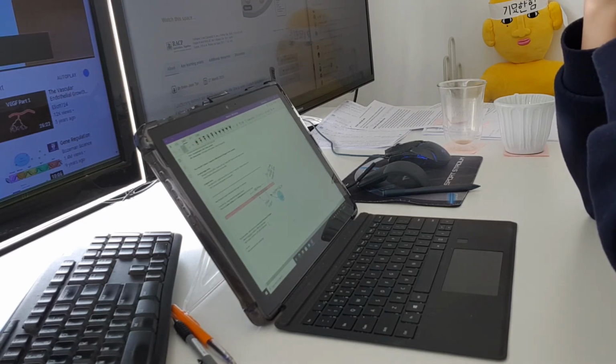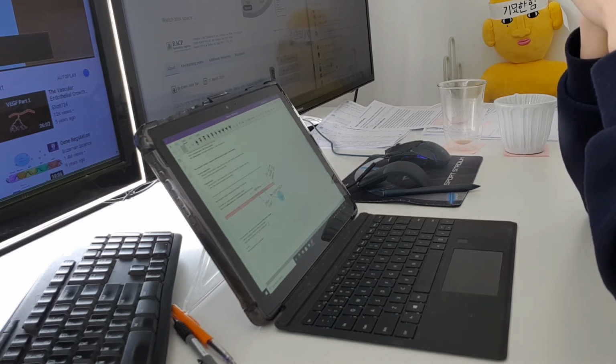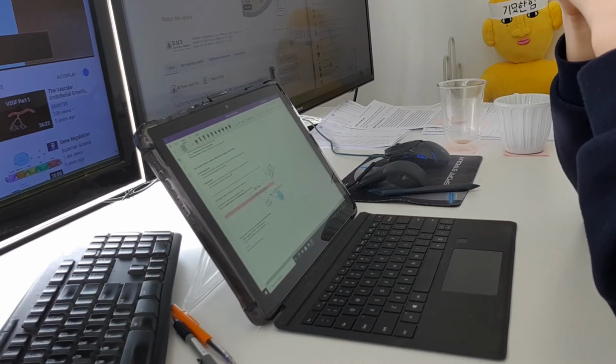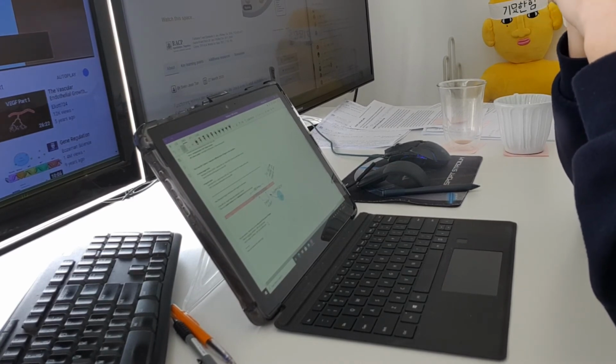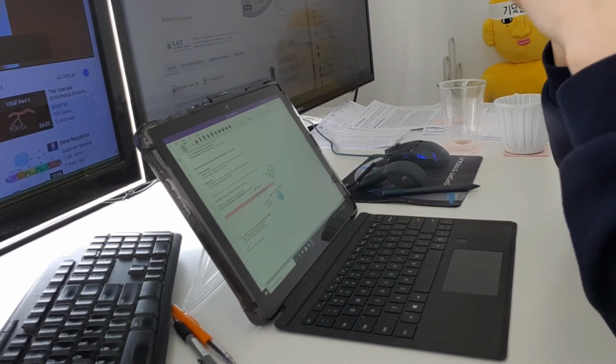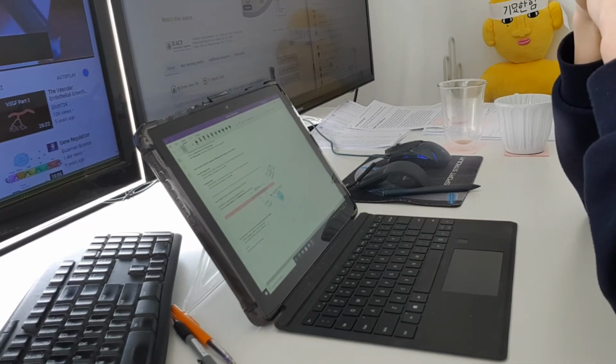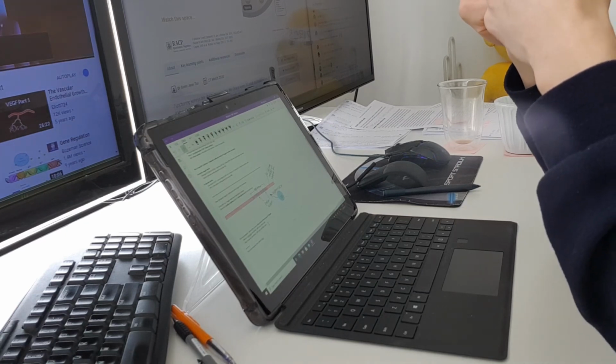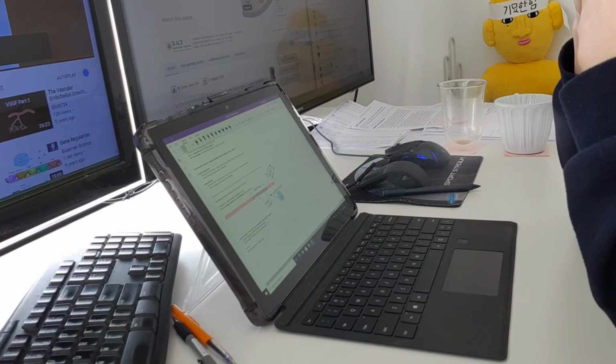So the first naming system is the prolyl hydroxylase domain enzyme naming system. In this naming system, the enzymes are known as prolyl hydroxylase domain enzymes, abbreviated to PHDs. And this is the most popular naming system for these enzymes.